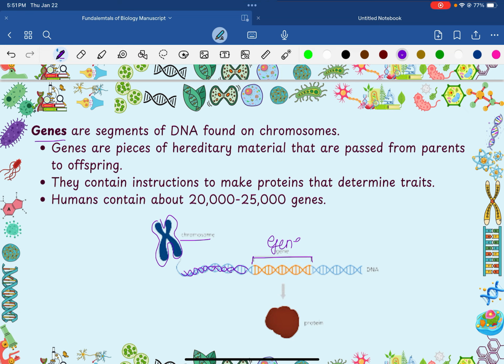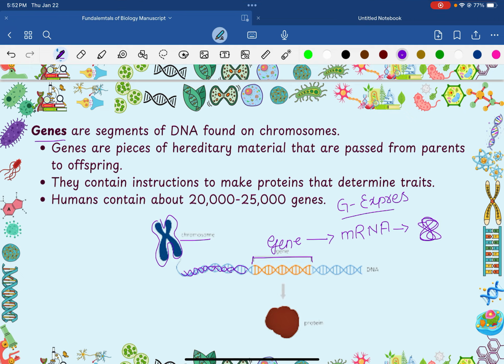So what is a gene? A gene is that part of DNA that can be transcribed into messenger RNA, and this messenger RNA is translated into protein. This process is known as gene expression.